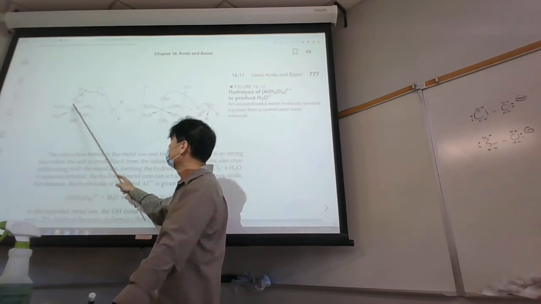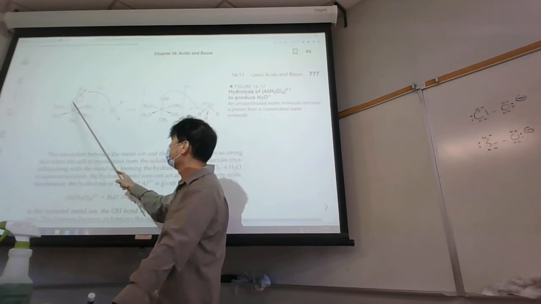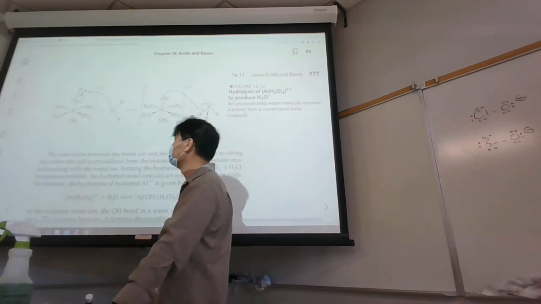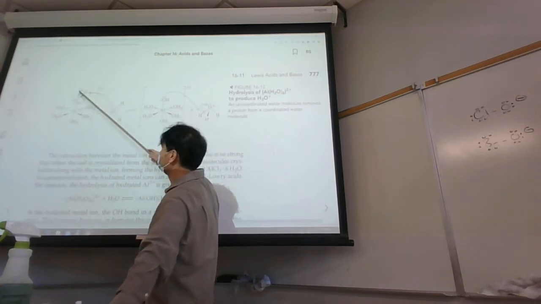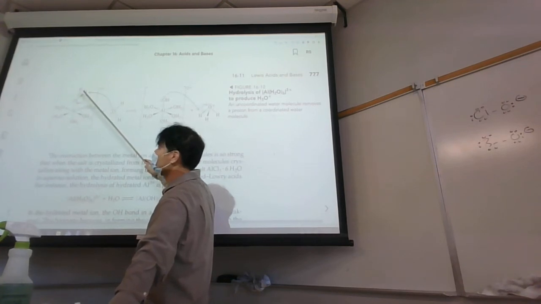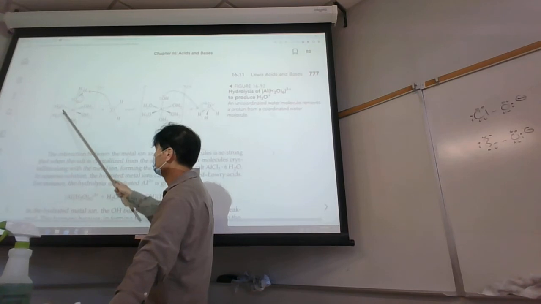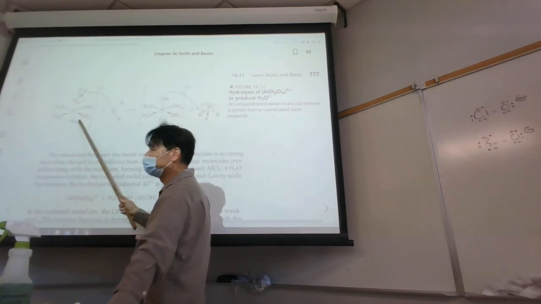Plus 3. Plus 3 makes this heavily electron withdrawing, which is going to suck water away from the aqua groups. Not water. What does it suck from the aqua group? Electron cloud density. So it sucks electron cloud density away from this, making these hydrogens even more positive. And so that's what makes this complex so acidic.